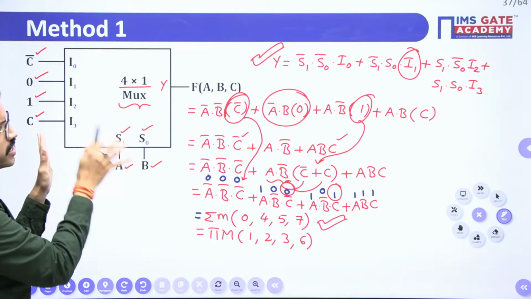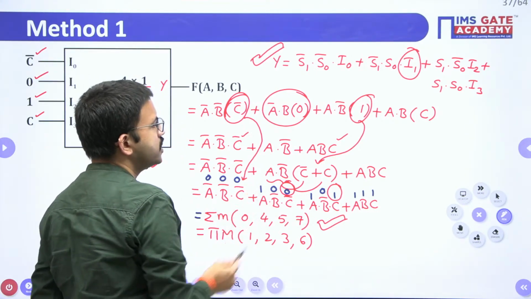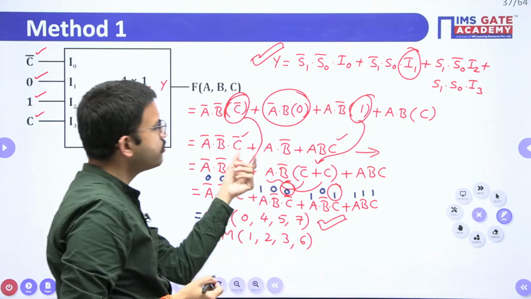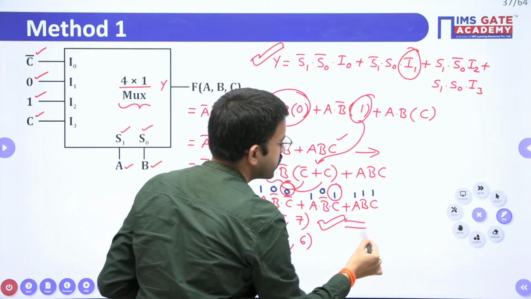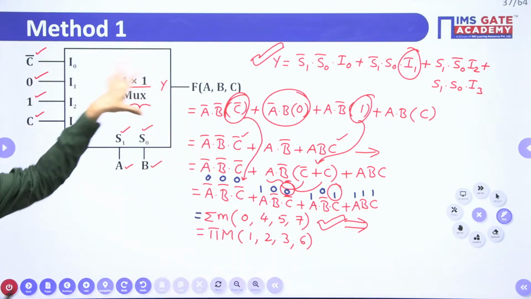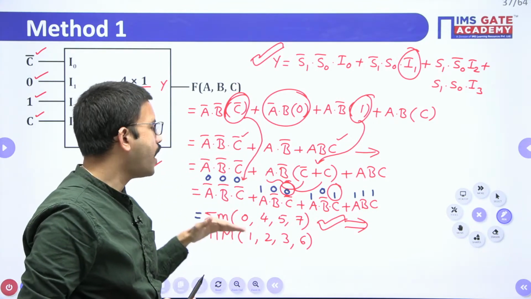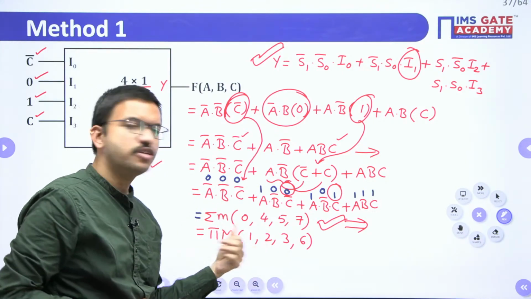After substituting the given values, you get the output function initially. Either you get one form, or after further simplification another form. So the output of a mux in general, you will get either SOP form or sigma m form first. After that, if you want to convert, you can convert into pi capital M.